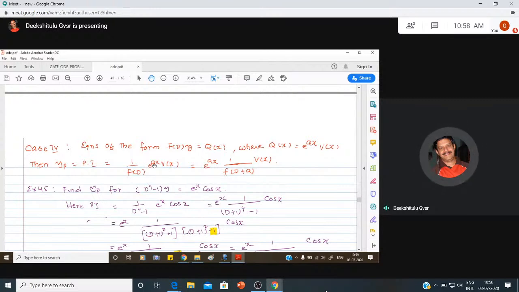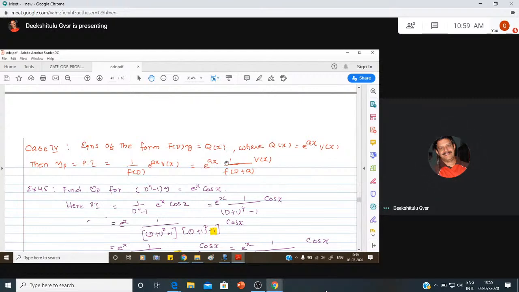I think we have done it in Laplace transforms as the shifting property. The exponential always has that quality. It shifts the argument. So when you operate this, first e power ax comes out and it becomes 1 by f of D plus a operating on V of x.